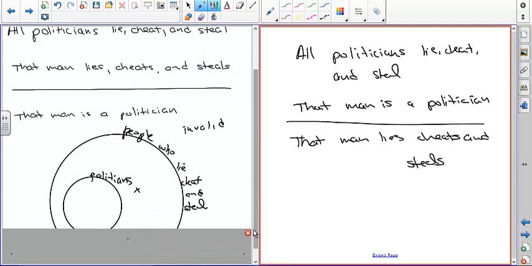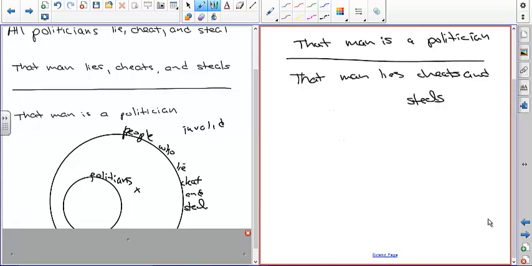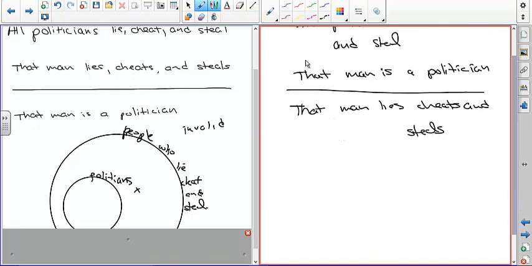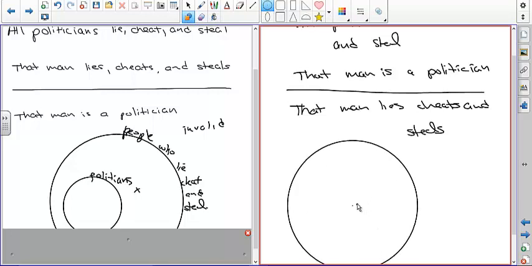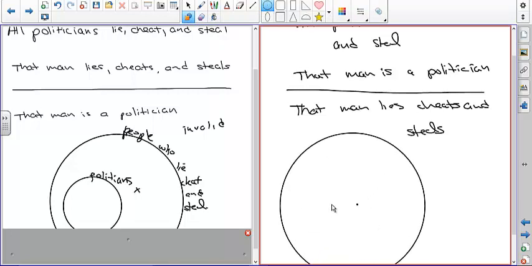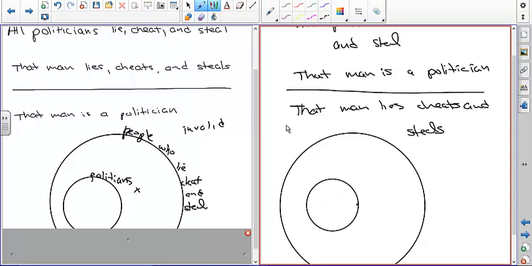So to make the Euler diagram to represent this, I would have a big circle like that. You always draw a big circle, and a smaller circle inside the big circle. Again, the first sentence allows me to identify the two circles: all politicians, people who lie, cheat, and steal.